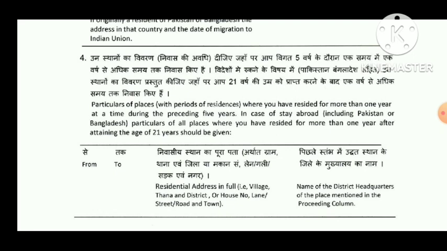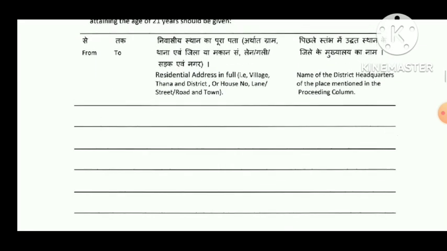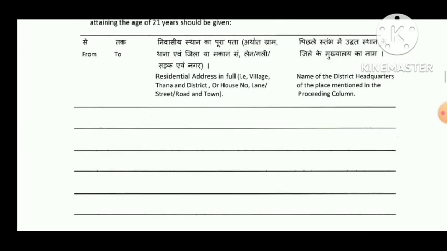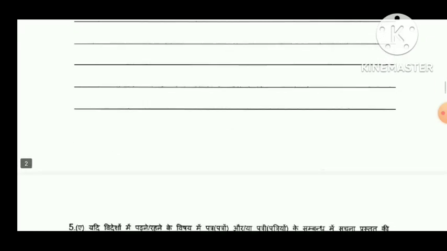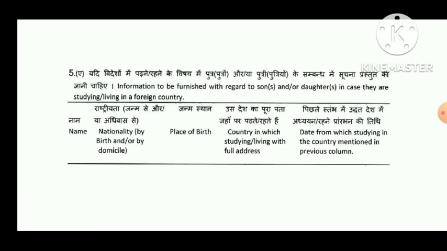So for the last 5 years, or you can say after attaining the age of 21 years, wherever you have resided for more than 1 year, you have to fill in those details here: column 1 from, column 2 residence address in full, and then the name of the district headquarters. Later, in the fifth point, you have to give the information to be furnished with regard to son and daughter in case they are studying or living in a foreign country.